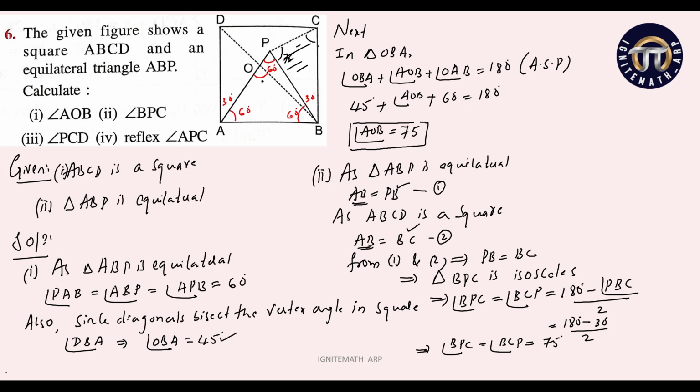So now you are supposed to find out how much PCD is. Once you have got this as 75 degrees, PCD is nothing but 90 degrees minus PCB. Clear, children?